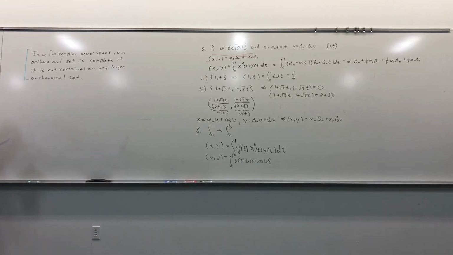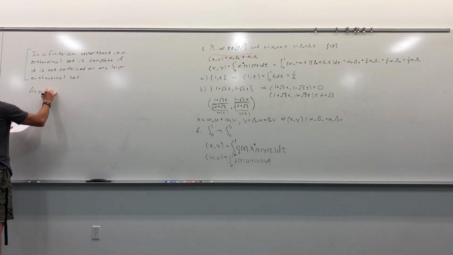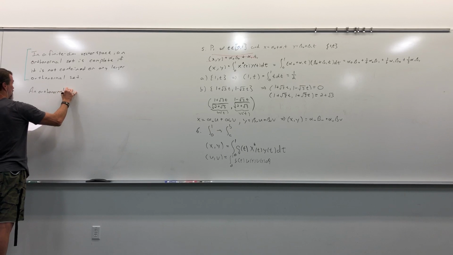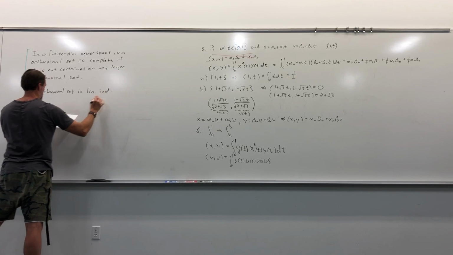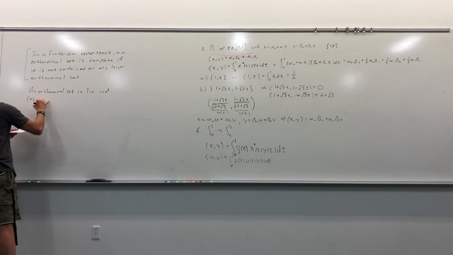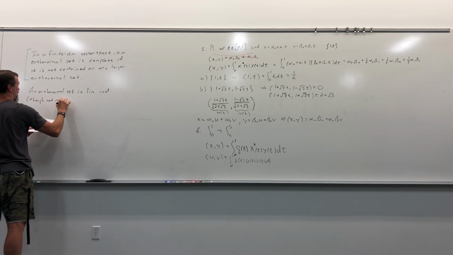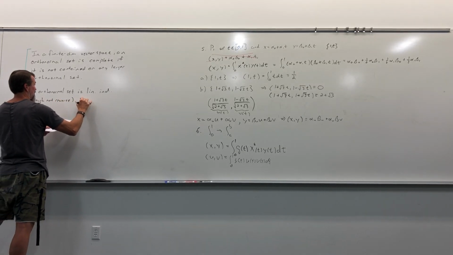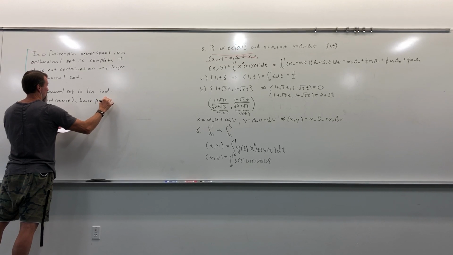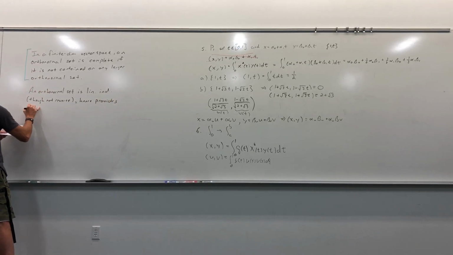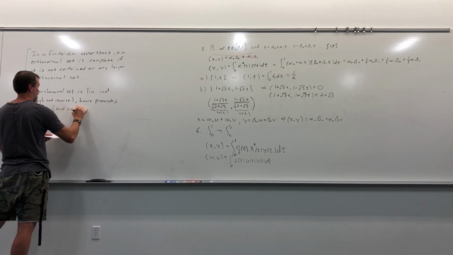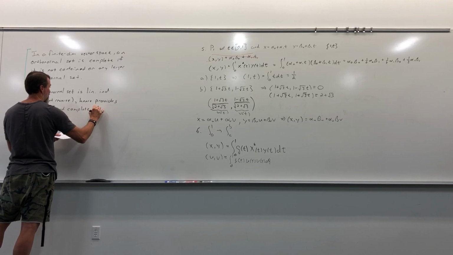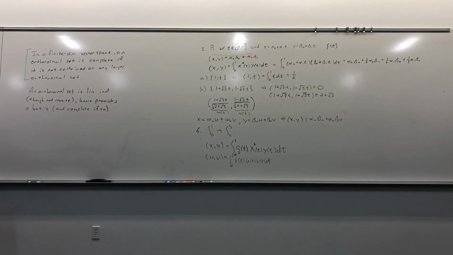All right. Now, here's another result. An orthonormal set is automatically linearly independent, though not the reverse of that. Hence, it provides a basis, and a complete one if so. Okay.